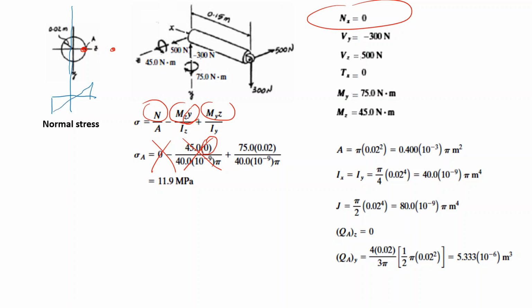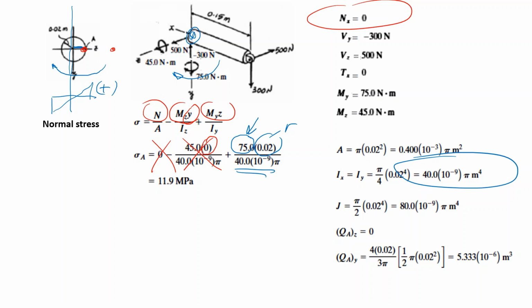This is my section, and in this section I have a bending like this, bending around y. In this case, I have a positive tensile stress in point A. The numerical value may be calculated. This is the moment, this is the distance, which is the radius, and that is my moment of inertia. And in point A, I have a normal stress of 11.9.